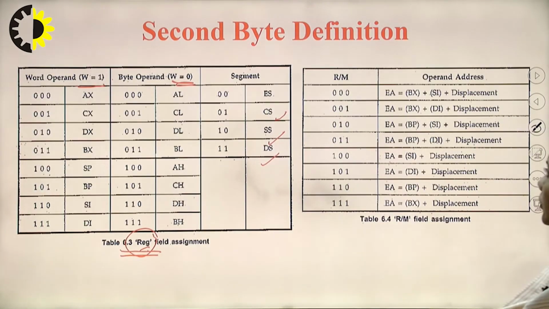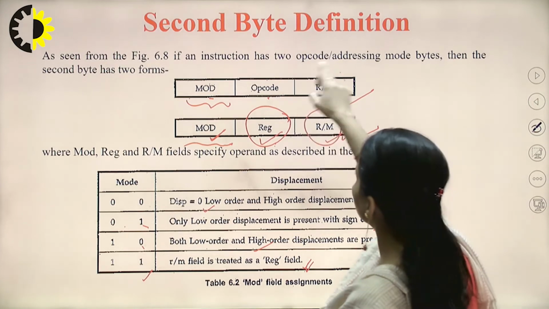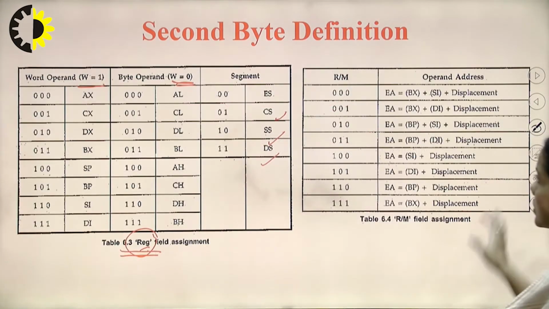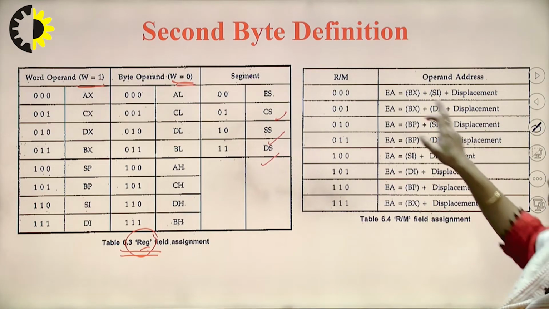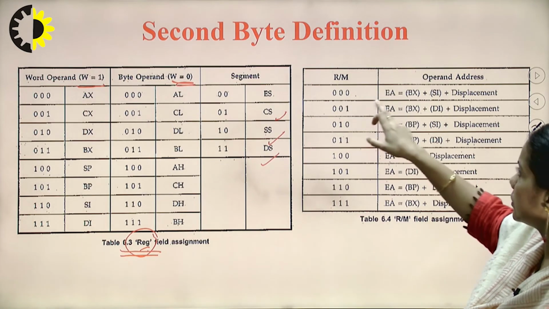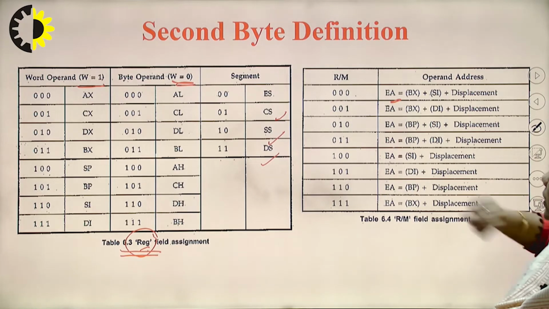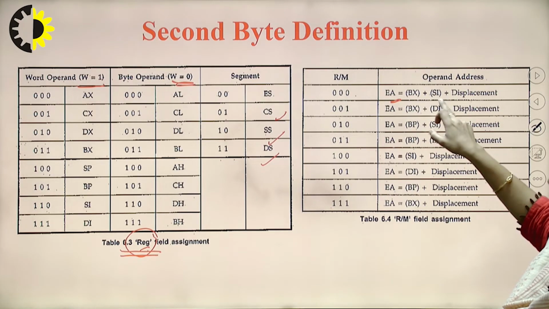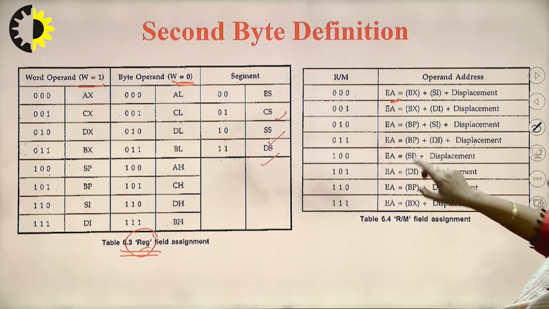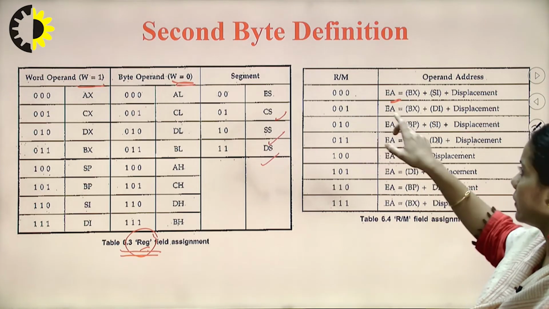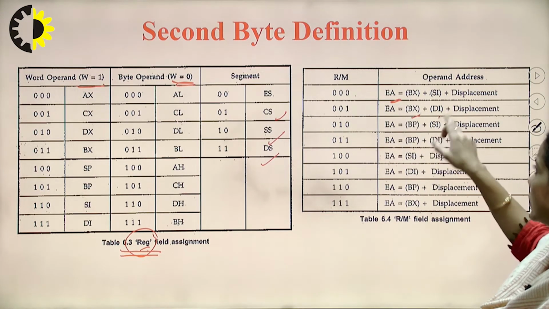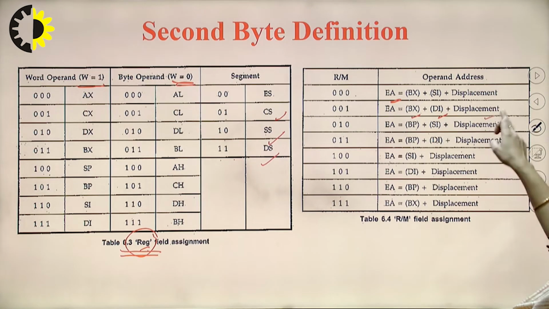Now, when we talk about the R/M field, this is the definition. When 000 is present in the R/M, then it means that the effective address is given by base register plus source index register and displacement. Similarly, for 001, the effective address is given by base register, destination index register and displacement, and so on.